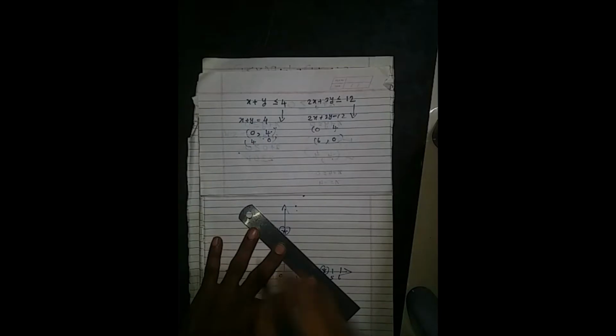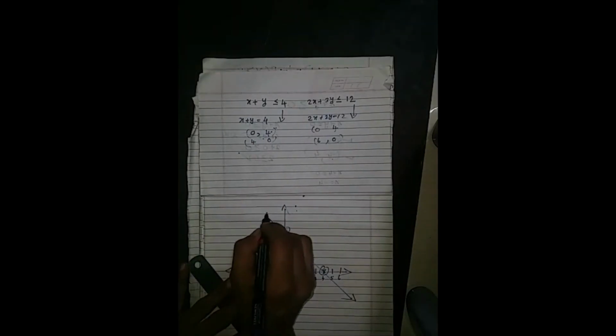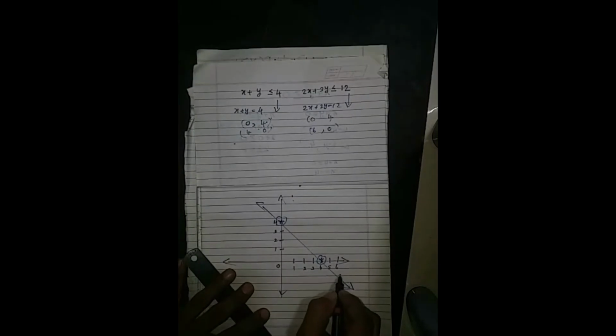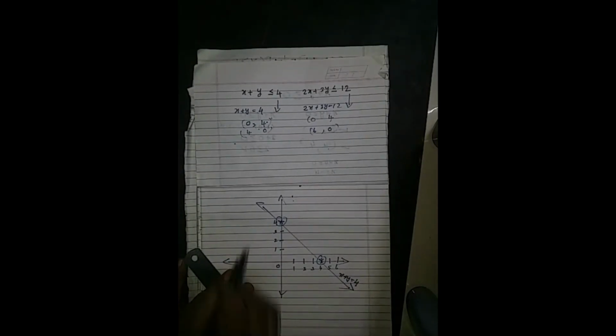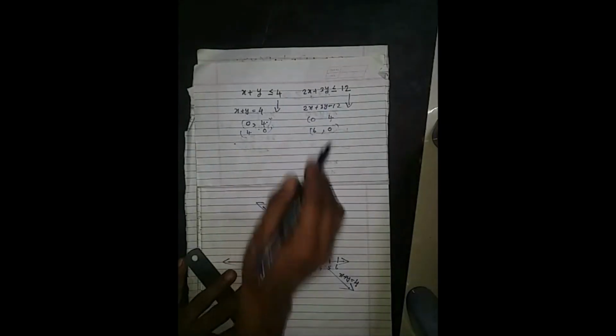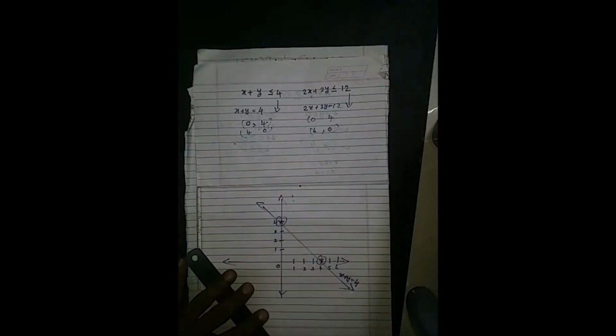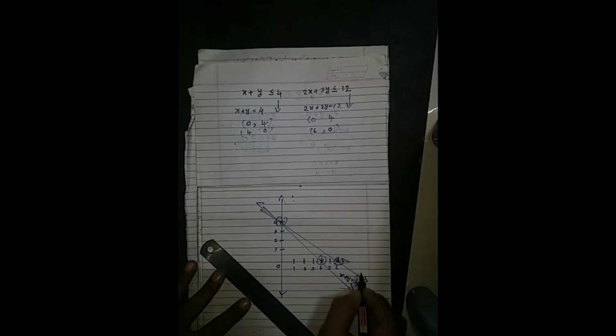Joining these 2 points, 0, 4 and 4, 0, you will get the first line, x plus y equal to 4. Next, 0, 4 and 6, 0 give the second line, 2x plus 3y equal to 12.